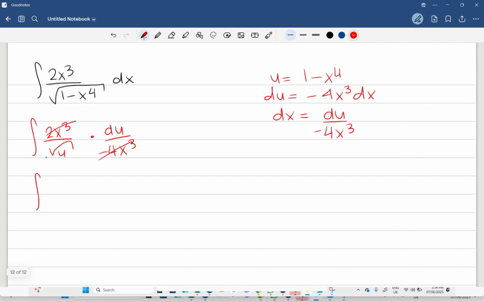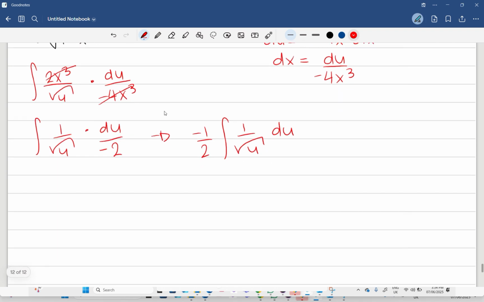What am I going to get? Integral 1 over radical u multiplied by du over negative 2. Now, as we said before, this is 1 over negative 2, so I can take it outside. So negative 1 over 2 integral 1 over radical u du. Now, we're gonna solve the integration normally.